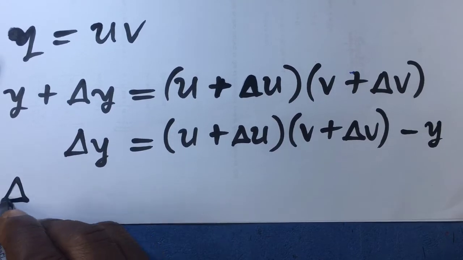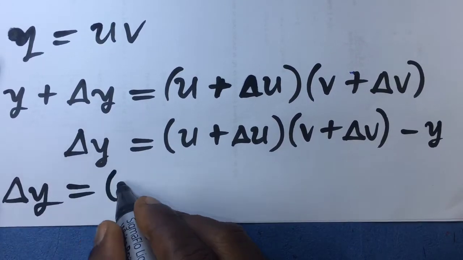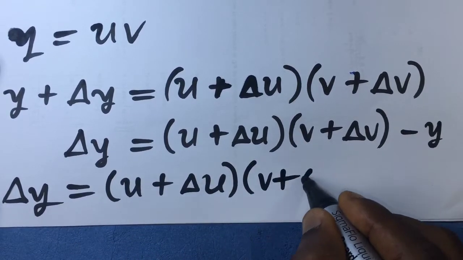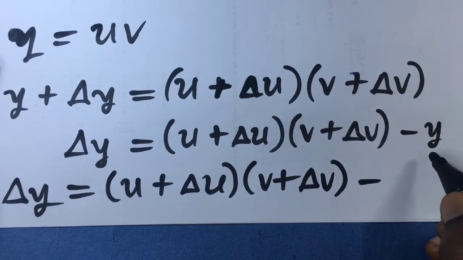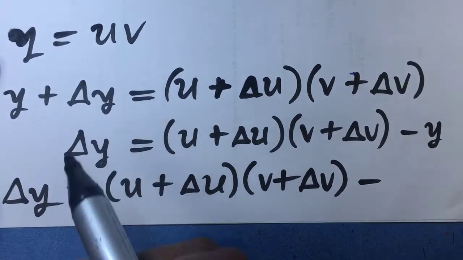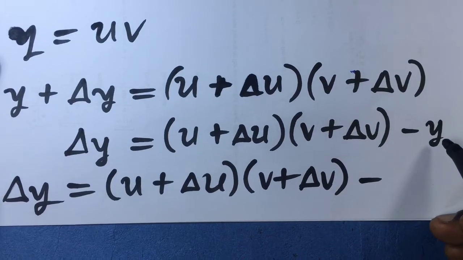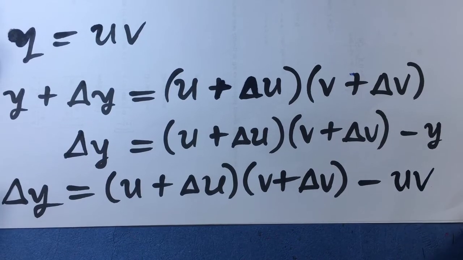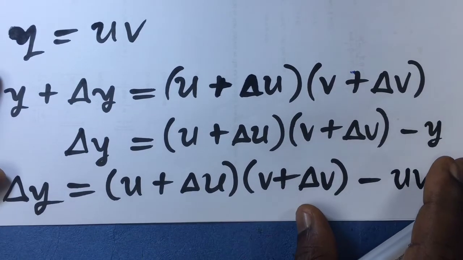Now delta y will be equal to u plus change in u in bracket, v plus change in v, minus what y is. Remember, y is given to be u times v, so I'm going to use u times v to replace y here, and you're going to have u times v here. Okay, so that is the first step I'm going to take.